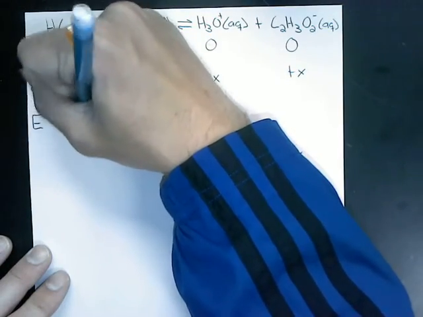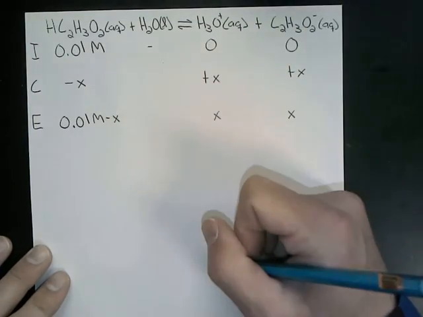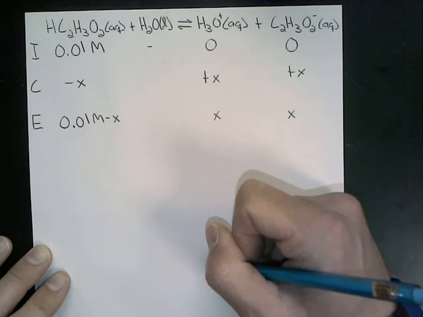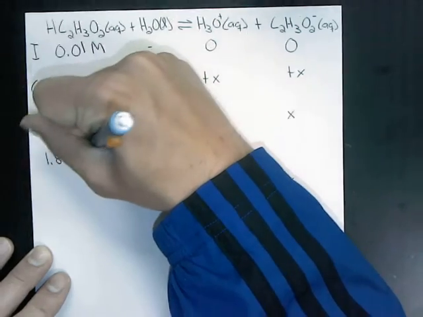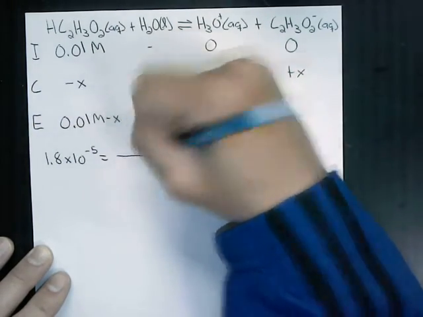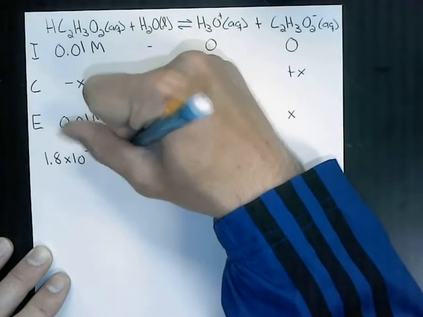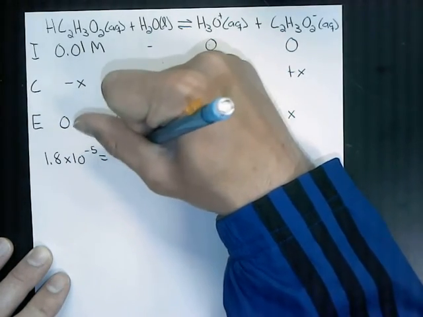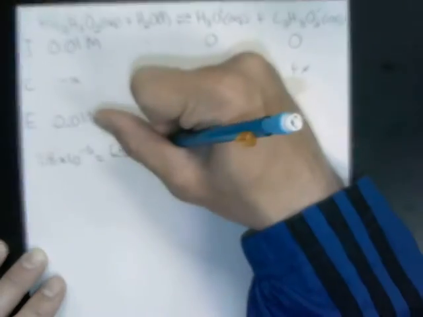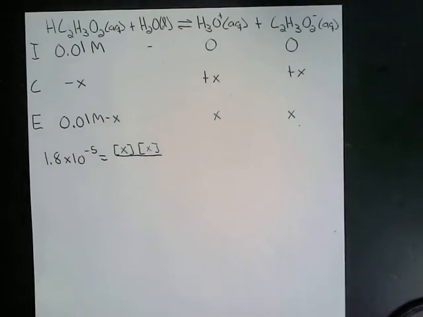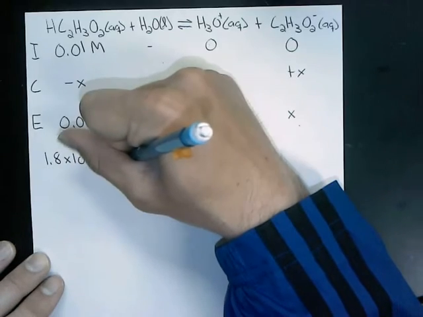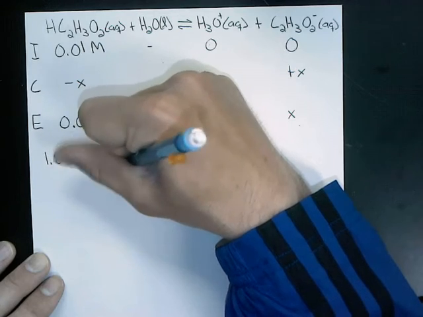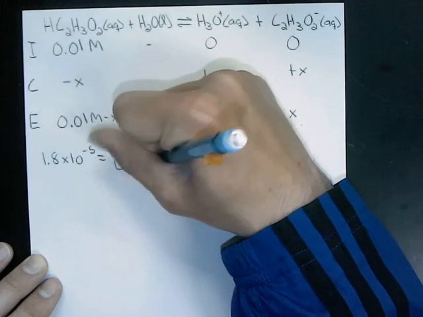So we'll have 0.01 molar minus X, X, and X. Now, our equilibrium expression here is our Ka, which instead of writing that out, I'm just going to put 1.8 times 10 to the negative fifth over our hydronium, which is X, and we'll put that in brackets to represent that it's in molarity, times our concentration of acetate ion, all divided by our acetic acid concentration, so 0.01 minus X.